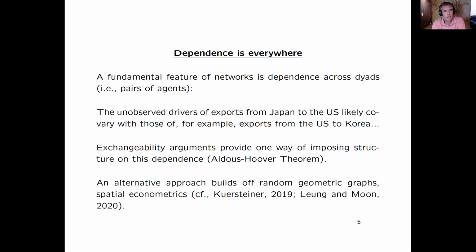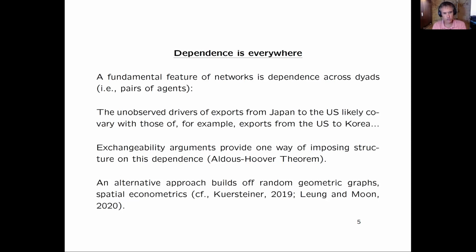Early on in the econometrics of networks, and by early on, I'm thinking 2013, it was kind of a wild west in terms of how to deal with this dependence. There's been a little more progress, and broadly speaking, two approaches have been taken. One involves exchangeability type arguments that help impose some structure on this dependence.